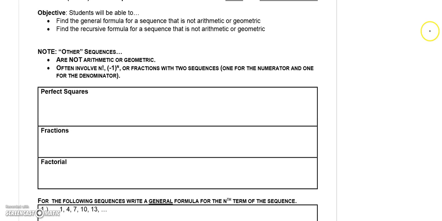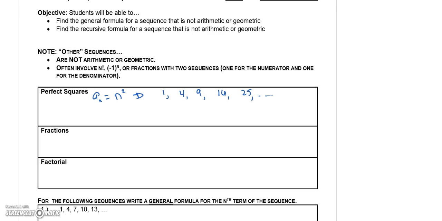So your perfect square pattern, if I look at a_n equals n squared, would be 1, 4, 9, 16, 25, and that goes on and on.